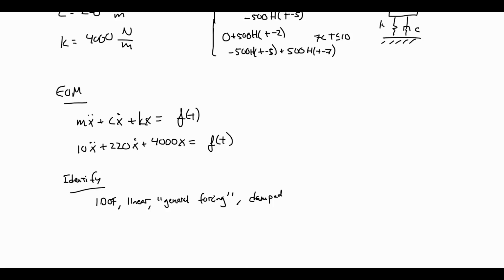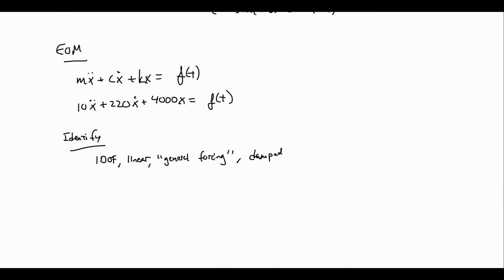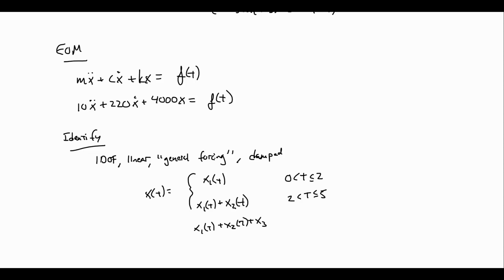So using the aggregate method, our x of t is going to be a piecewise function. It's going to be x1 of t on the first interval from t is 0 to 2 seconds. Then I copy everything above and add a second part. And that's good for this second interval for 5 seconds. And then copying everything above, I have a third part of my solution for the third forcing.